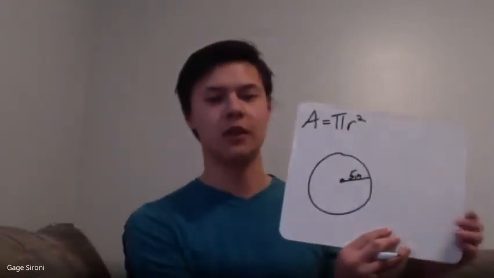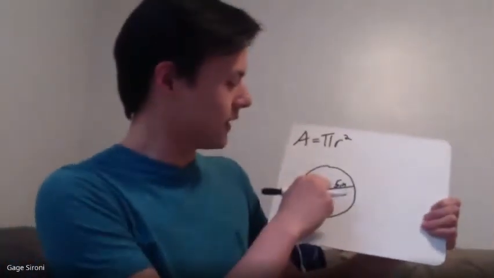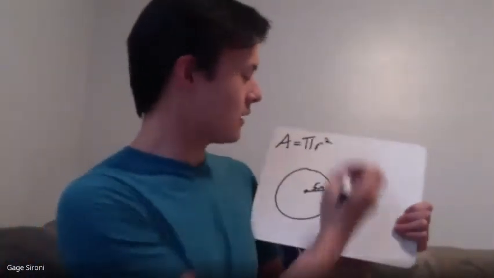So for example, I have a circle with a radius of 5 inches. Right here, radius of 5 inches. Now, I'm going to plug this into my equation right here.